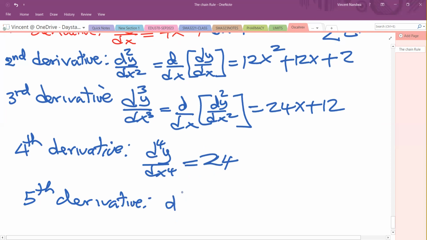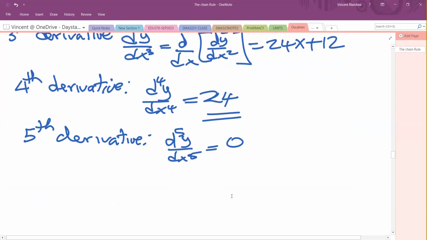So d5y dx5. So differentiating 24. We are differentiating 24. That's the answer to the fourth derivative. So when you differentiate, what do you get? 0, because it's a constant, okay?